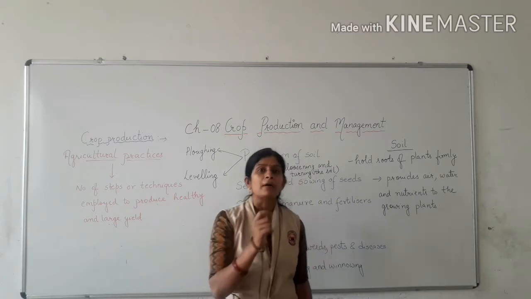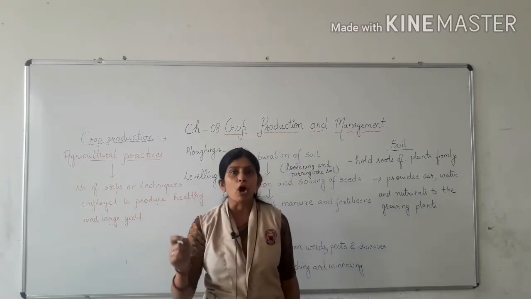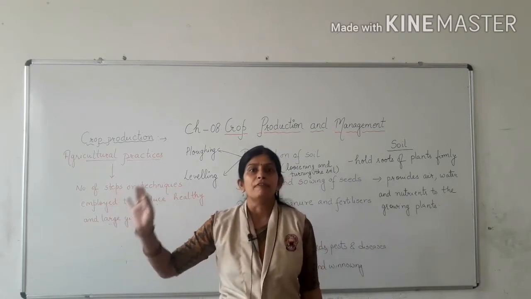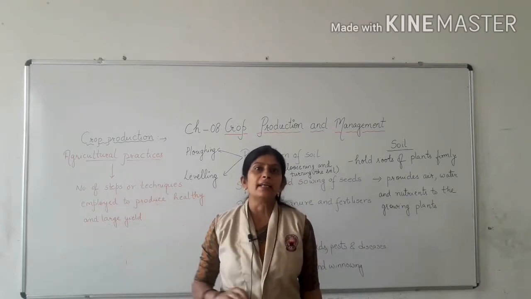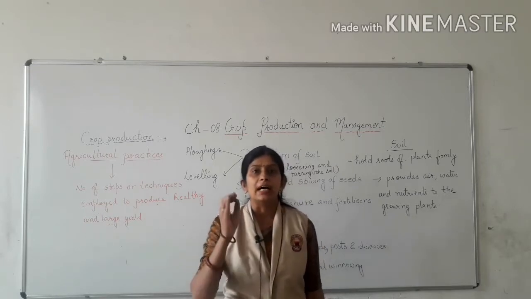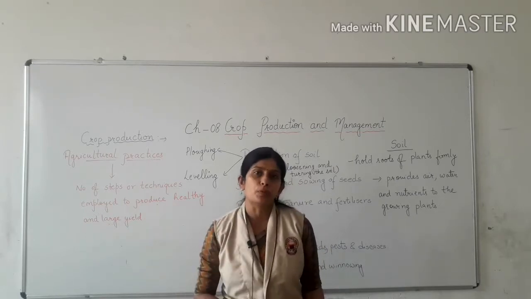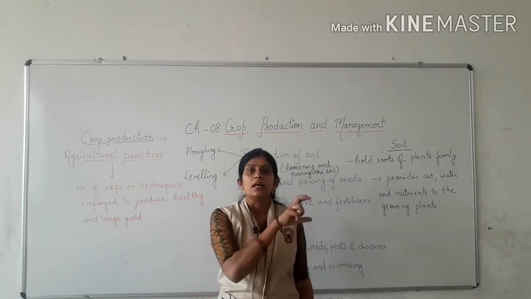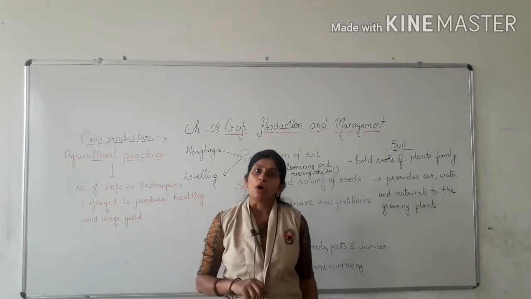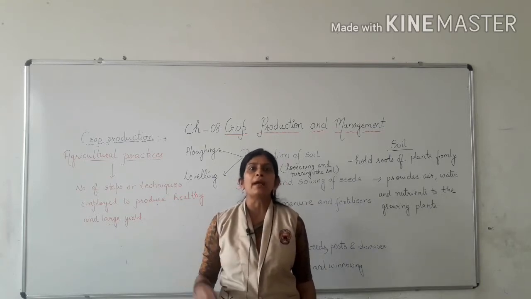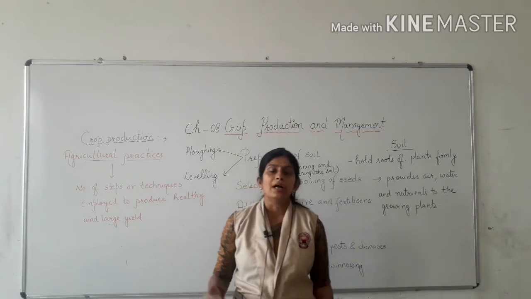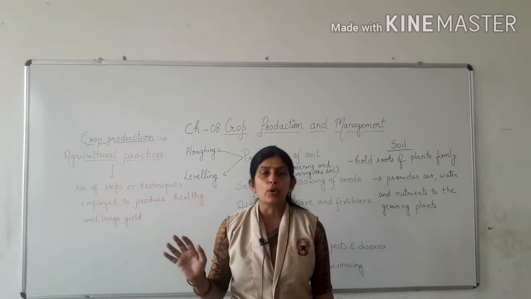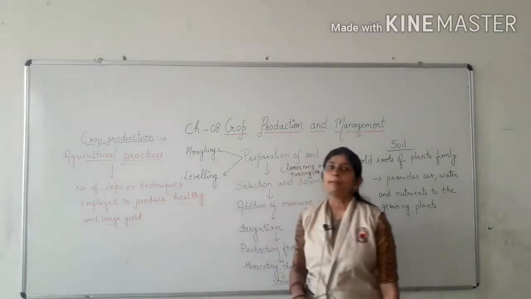Okay, so a farmer needs to apply a number of various steps and techniques to raise a healthy crop yield in large production. These steps or techniques applied by a farmer to grow a healthy crop yield in large production are known as agricultural practices.